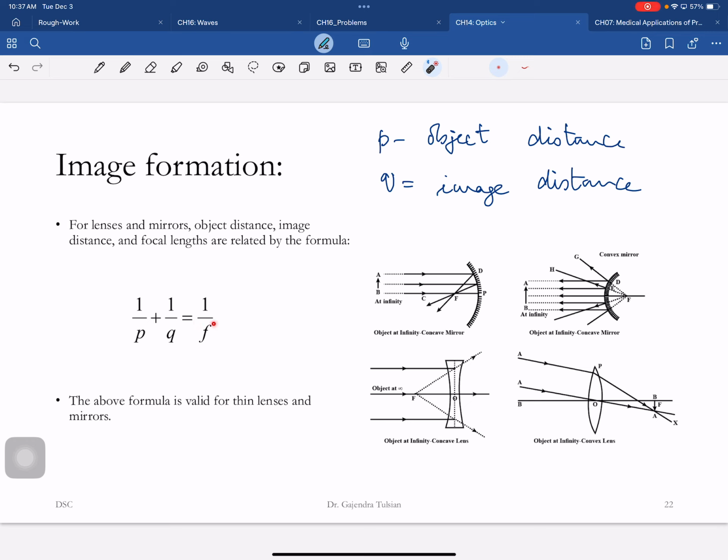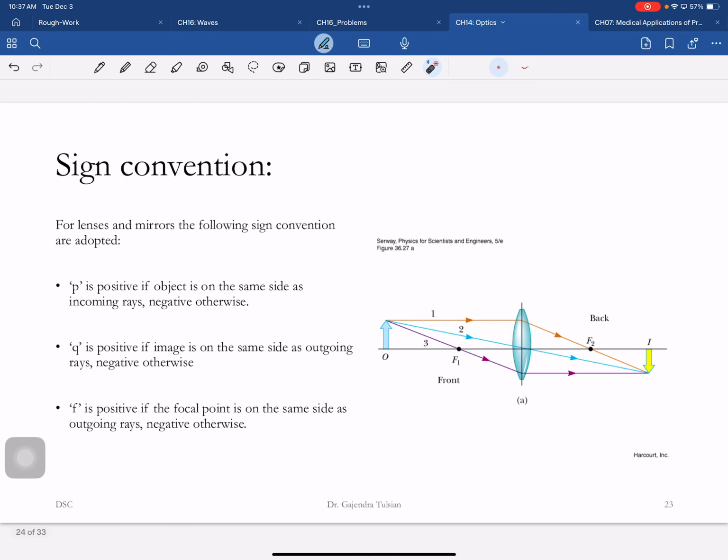Focal lengths can be positive or negative. Most of the time we'll consider situations where image distance and focal lengths are positive. Q is positive if the image is on the same side as the outgoing rays.